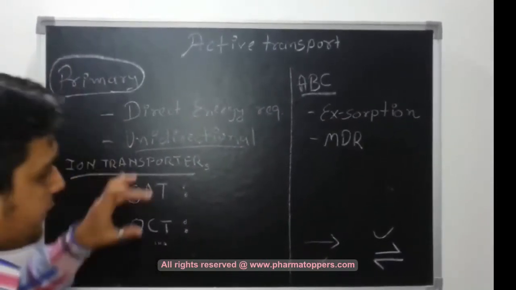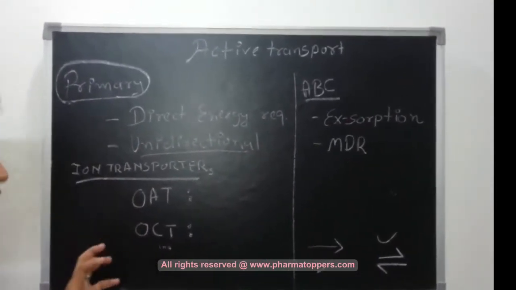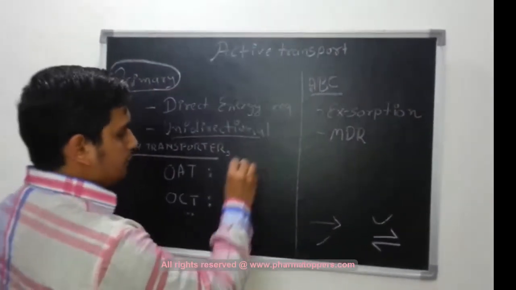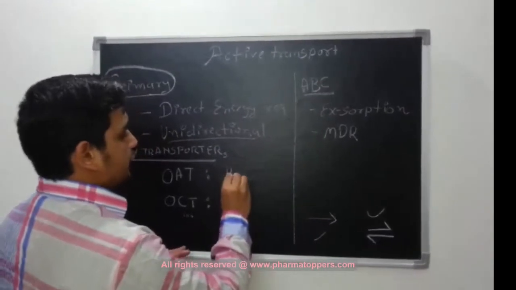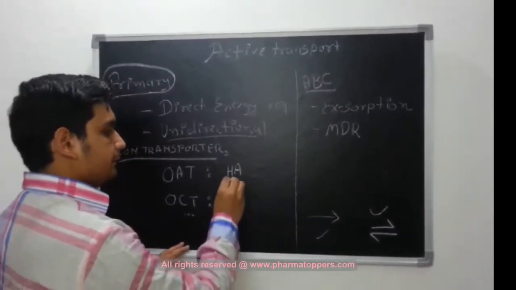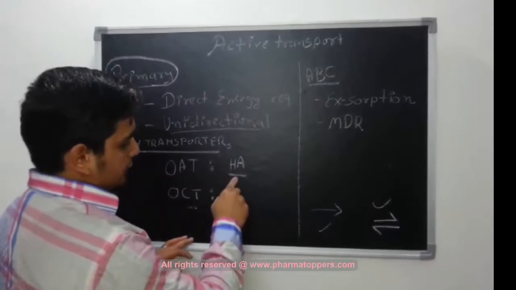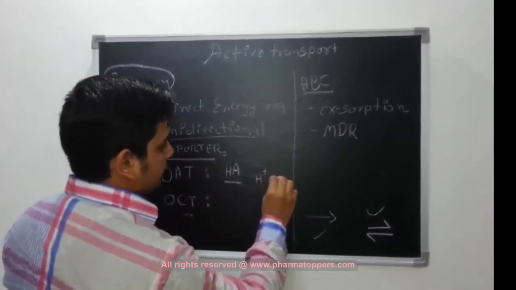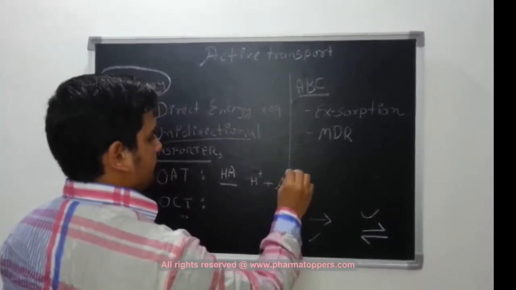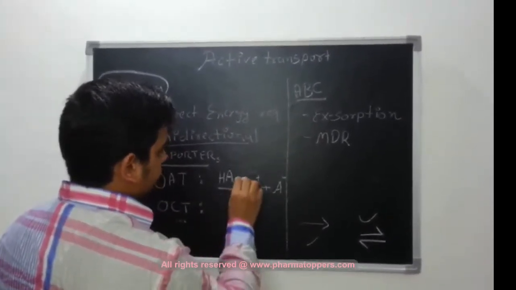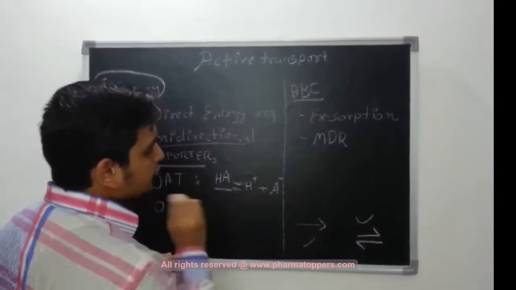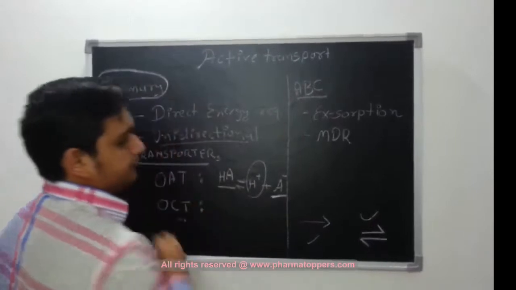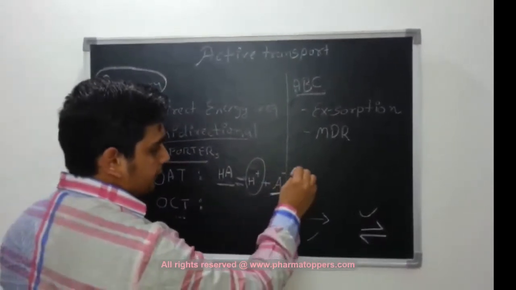What happens in ion transporters? Generally, if we take an acidic drug, a simple molecule, when ionization takes place, this will be H+ plus A-. Here you can see this is the proton and this is the drug moiety, which has a negative charge.